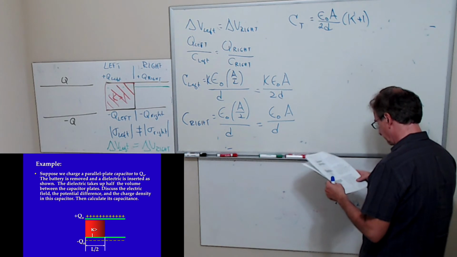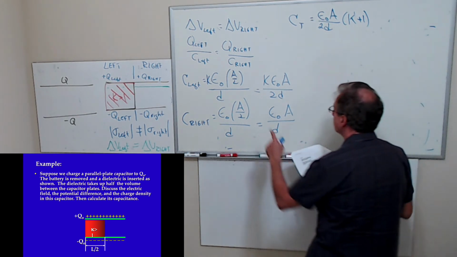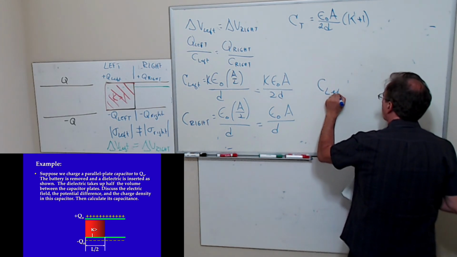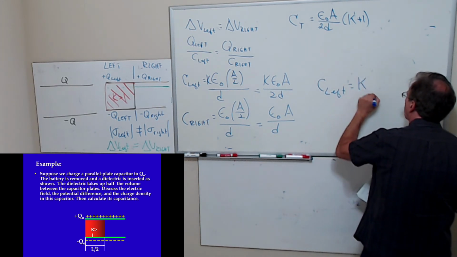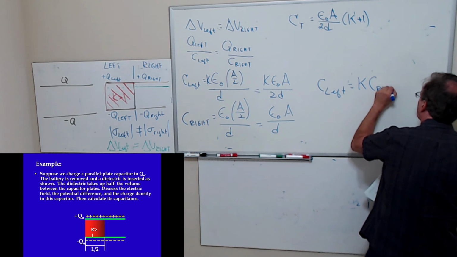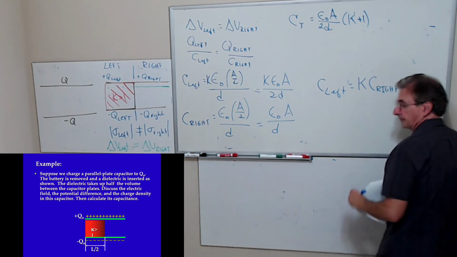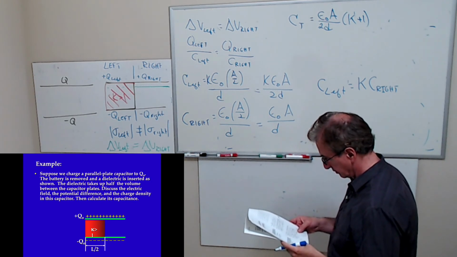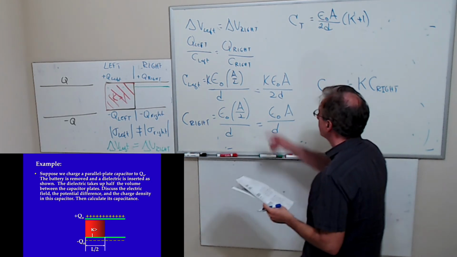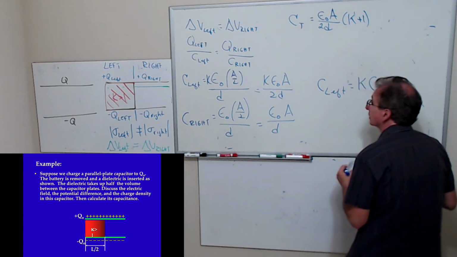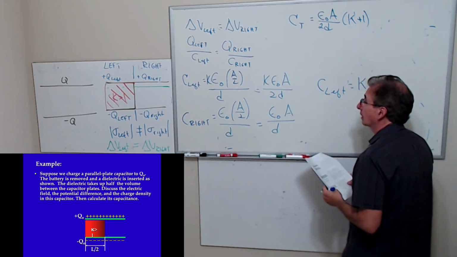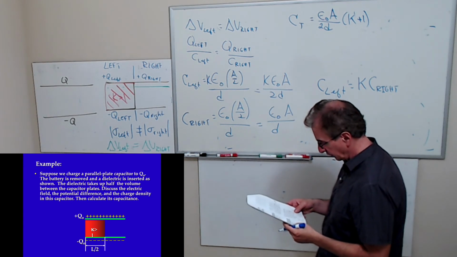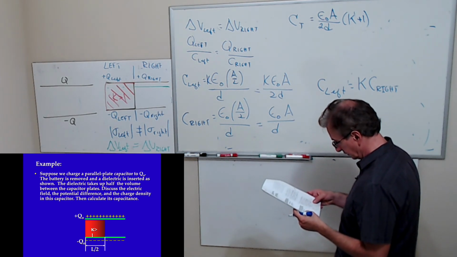What else can we write about this? Well, you can see that C left is kappa C right. Okay. And we can find Q left. Just one second.